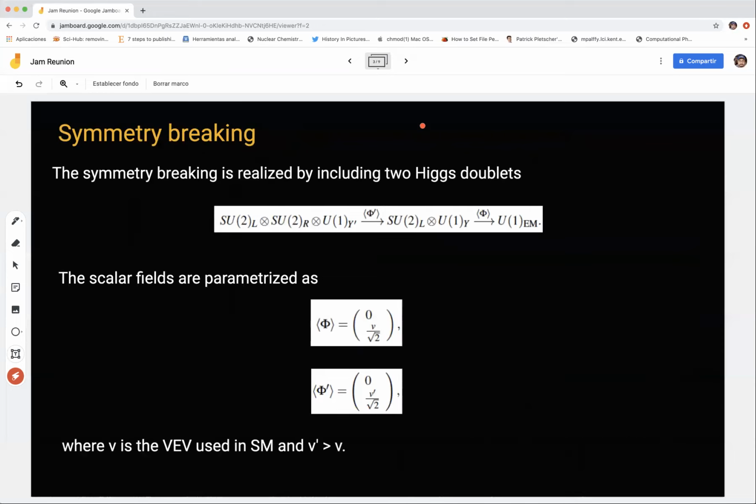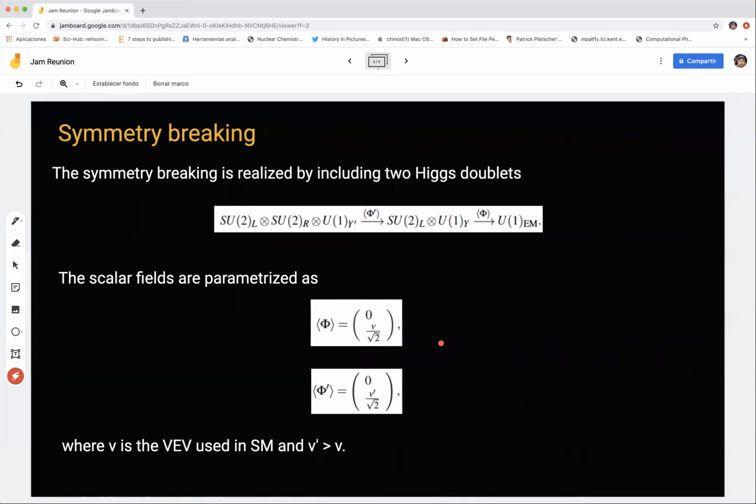The breaking of the symmetry takes place in 2 stages. The first one is through the prime doublet scalar with its respective vacuum expectation value, v prime.